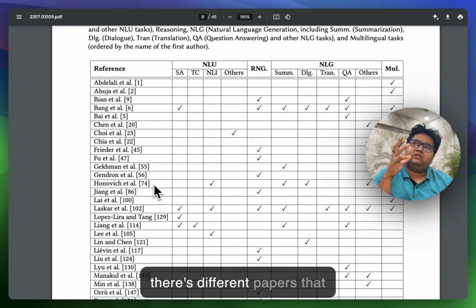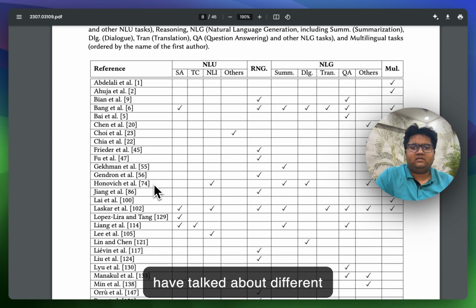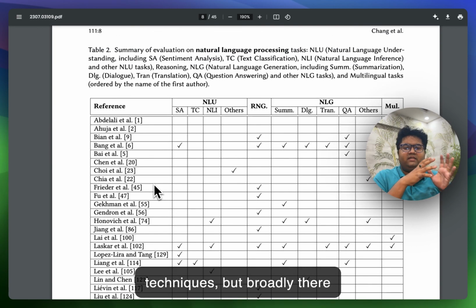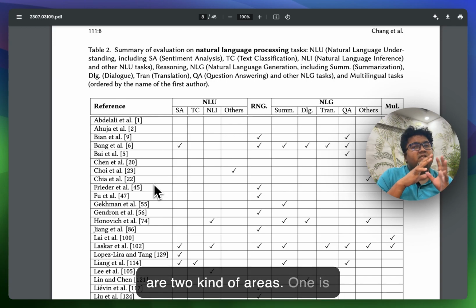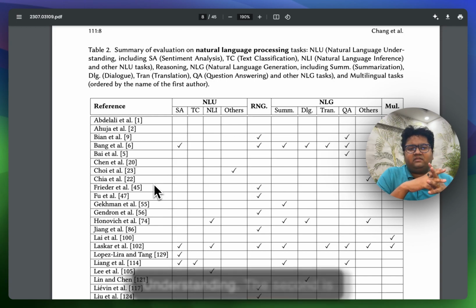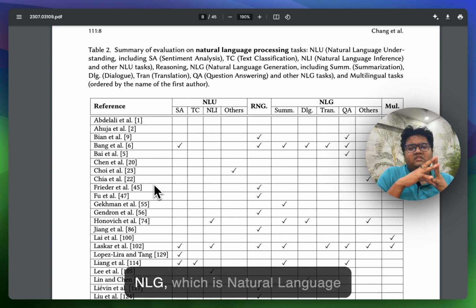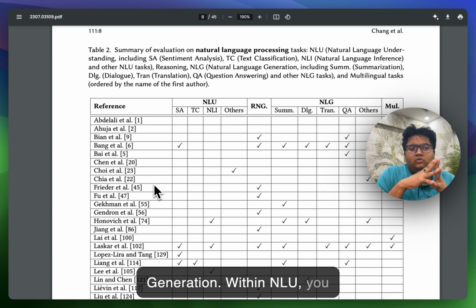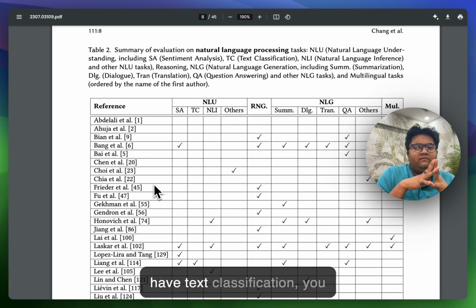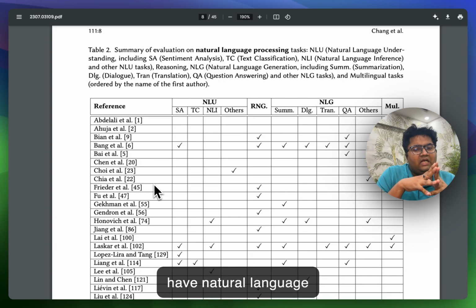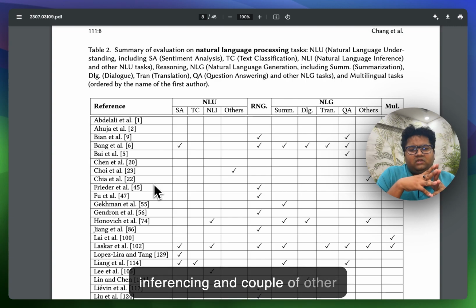So there are different papers that have talked about different techniques, but broadly there are two kinds of areas. One is NLU, which is natural language understanding. The second is NLG, which is natural language generation. Within NLU, you have sentiment analysis, text classification, natural language inferencing, and a couple of other tasks.